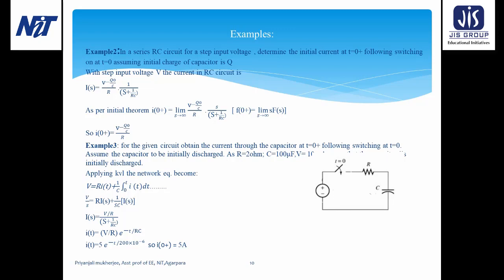Putting V equal to 10 and R equal to 2, V by R becomes 5 into e to the power minus t divided by RC. The capacitor value is 100 microfarad and R is 2 ohm, so RC becomes 200 into 10 to the power minus 6. So i(0) is equal to 5 ampere.